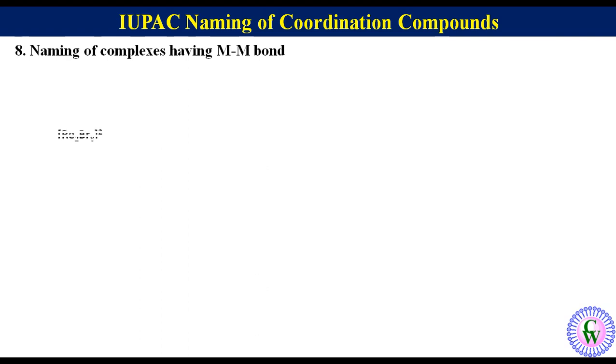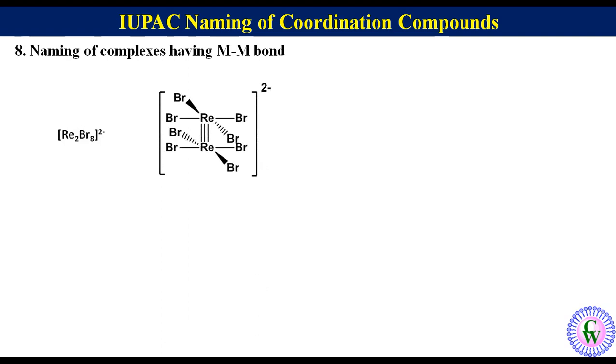For example, Re2Br8 2-, whose structure is like this, is named as bis(tetrabromorhenate)(Re–Re), since there are two ReBr4 units linked together via a Re–Re bond and the overall charge on the complex is -2.